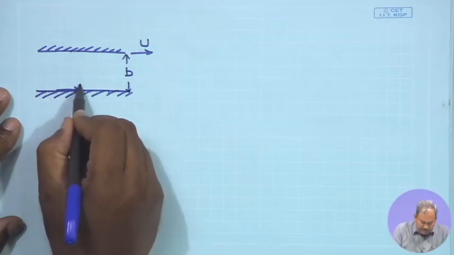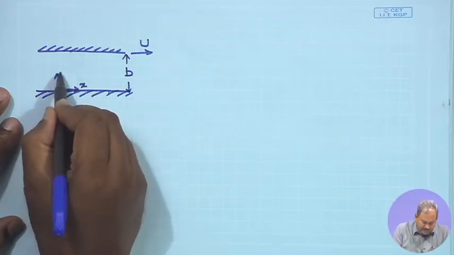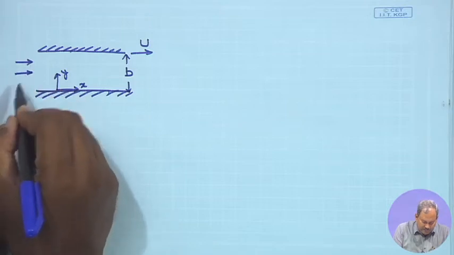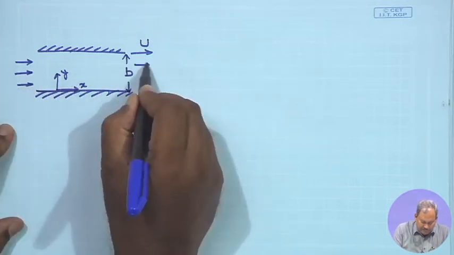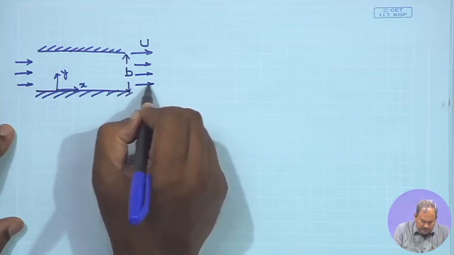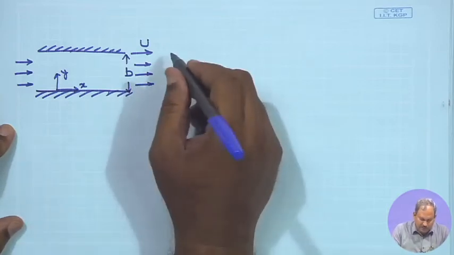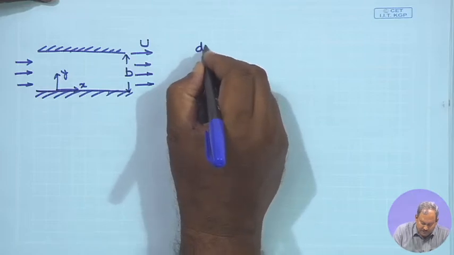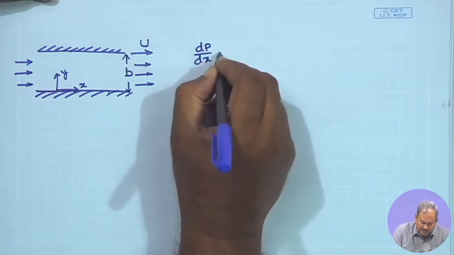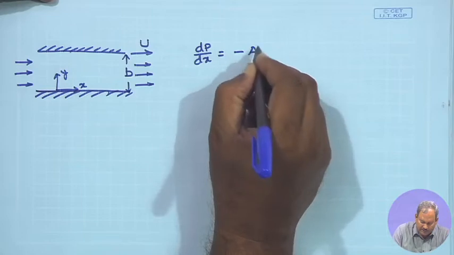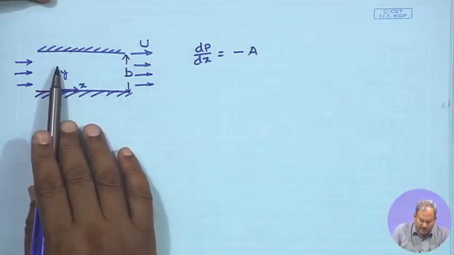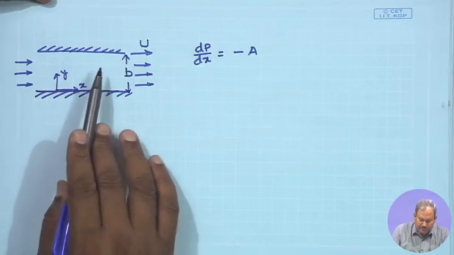In this direction it is x and here it is y, and the liquid flows in this direction. So, there is a pressure gradient, I call it dP/dx, which is equal to minus a, where a is simply a constant. So, as we move in this direction, the pressure decreases.